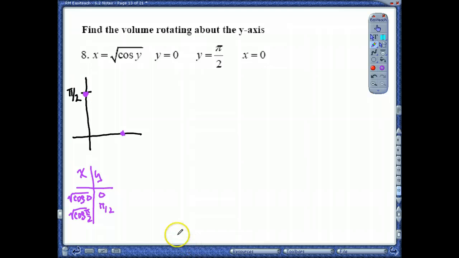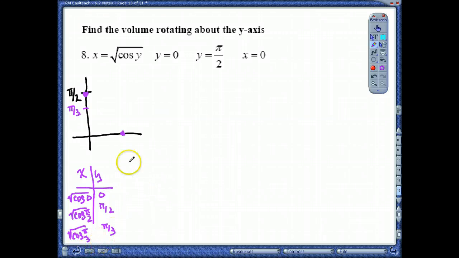Okay. And then you can pick any other points that you know the answer for. For instance, I know 60 degrees. That'd be pi over 3. Well, when I put pi over 3 in there, I get the square root of the cosine of pi over 3. So that's going to be the square root of 1/2.